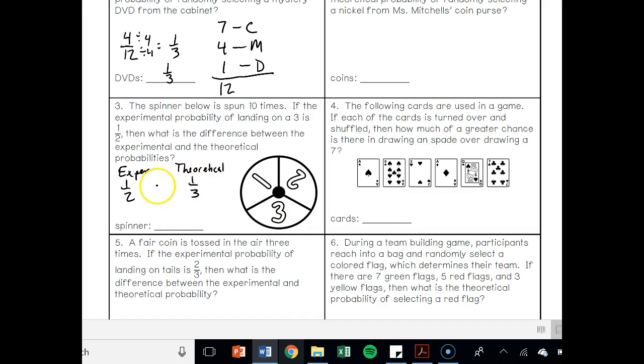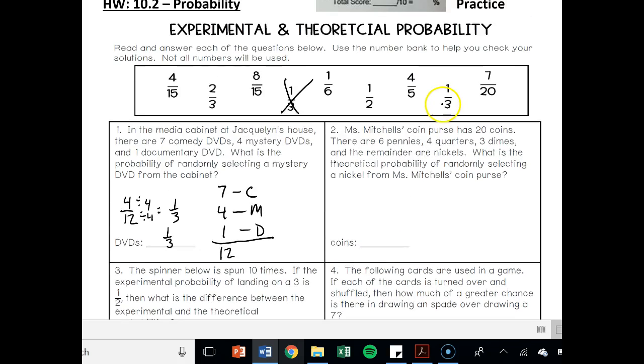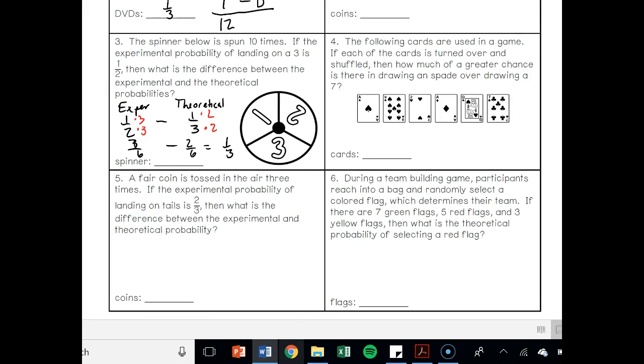So basically you're asking yourself, what's 1/2 minus 1/3? Let's go ahead and multiply this by 3, multiply this by 2. So we're really asking ourselves, what's the difference between 3/6 minus 2/6? And our answer is 1/3 again. The second 1/3 here up at the top, go ahead and cross it off and write 1/3 on the line.